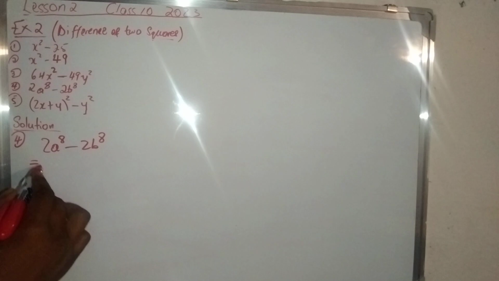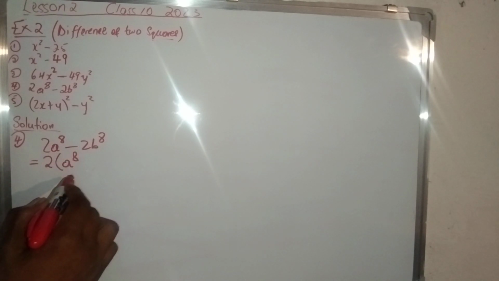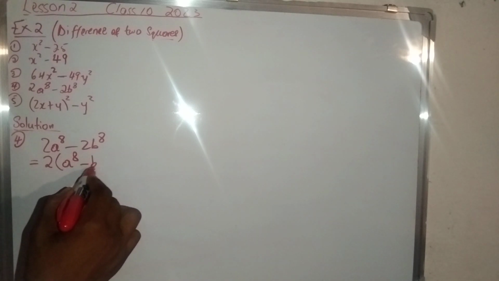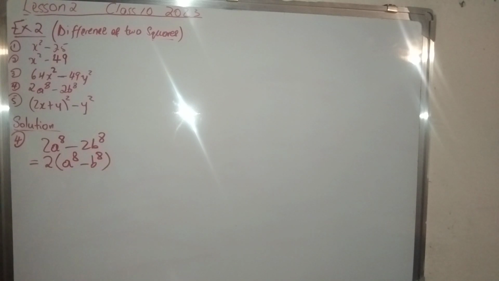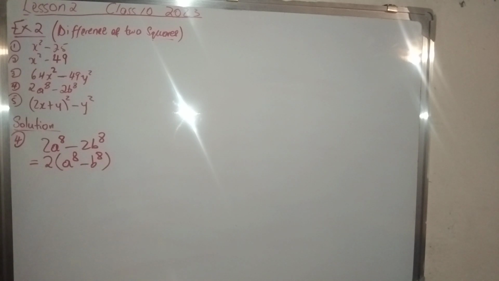So it's going to be equal to 2, and we open brackets, a to the power 8 minus b to the power 8, and we close brackets. So this is our first step here. Now we need to factorize what is inside the brackets.